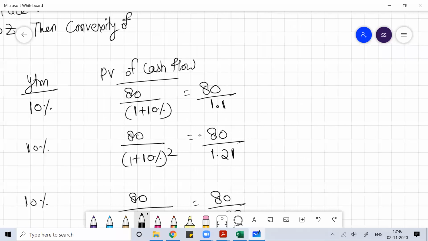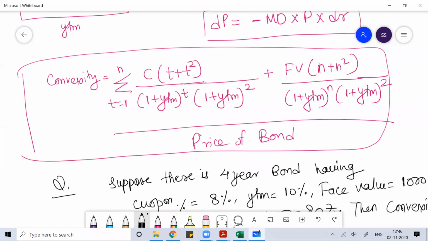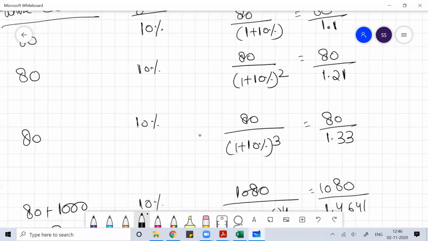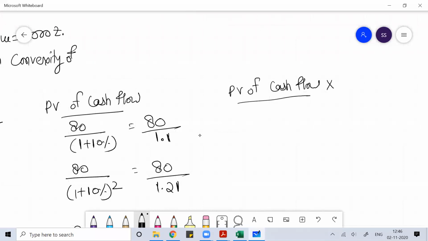In this formula, once you have the present value, just multiply with t plus t squared. So the present value of cash flow into t plus t squared: t means 1, 2, 3, 4 years.